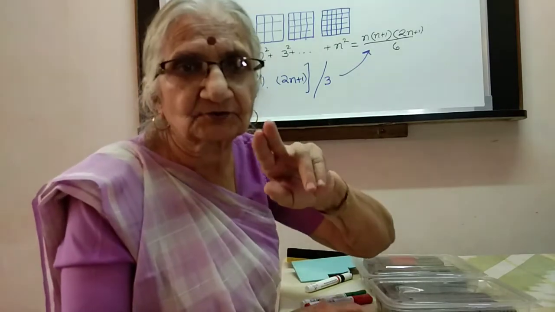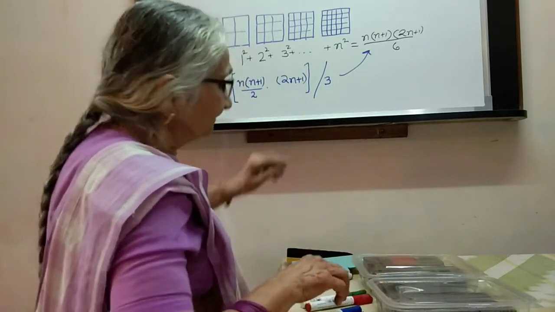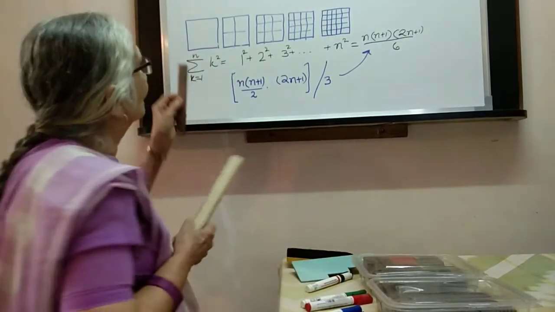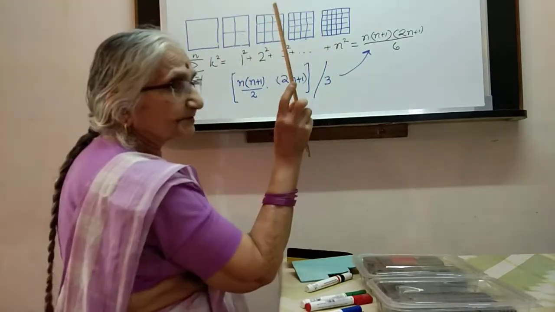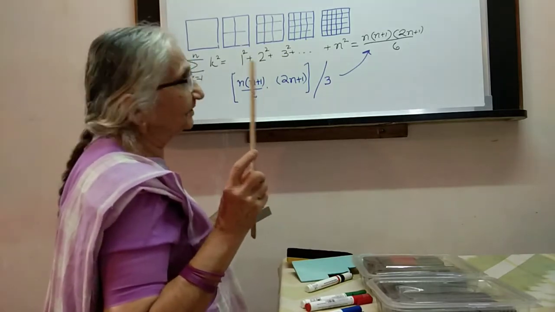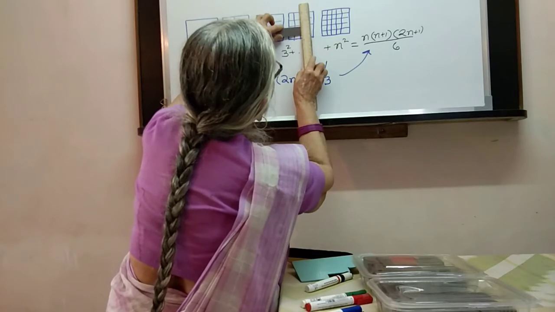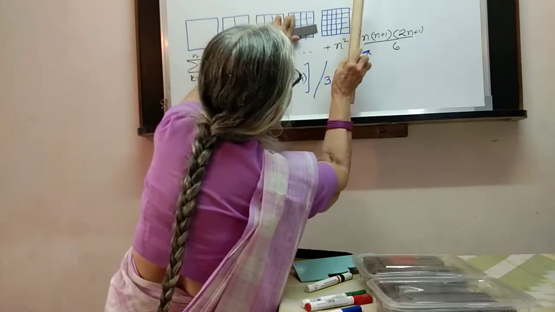Now 2 things to be noted about it. Number 1, when you count, remember you will count like this. I'll show somewhere here. 1, 2, 3, 4 single units. They are 16, 4 by 4, 4, 4 and so on. Then 2 by 2, this is 2 by 2. Then another 2 by 2 you will get here by moving like this.